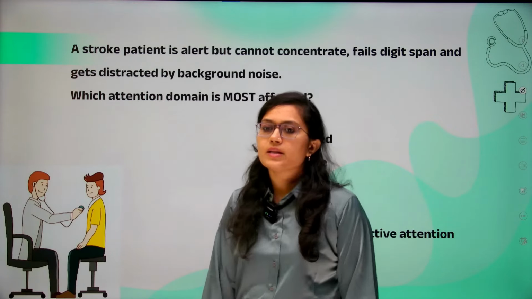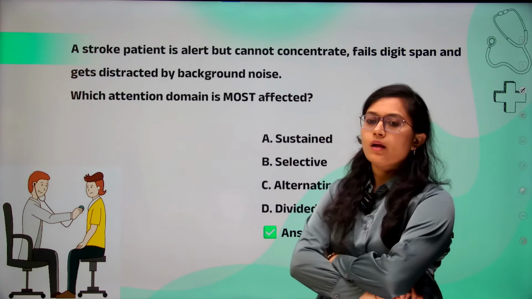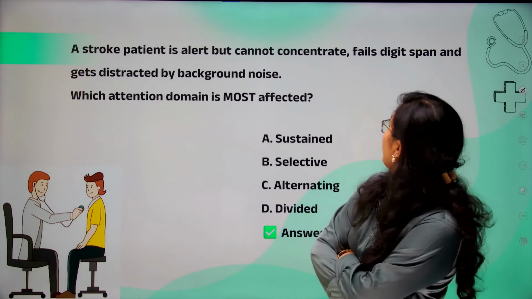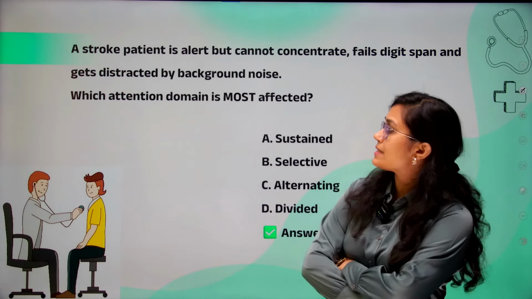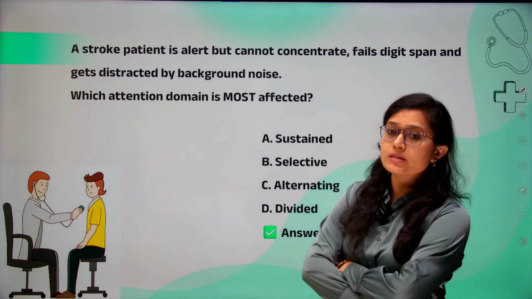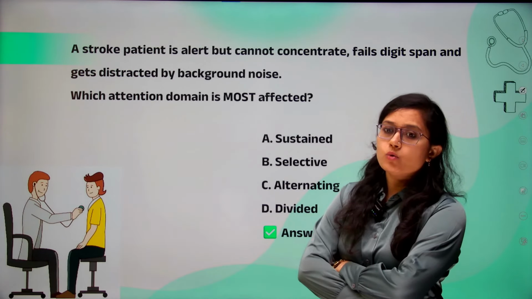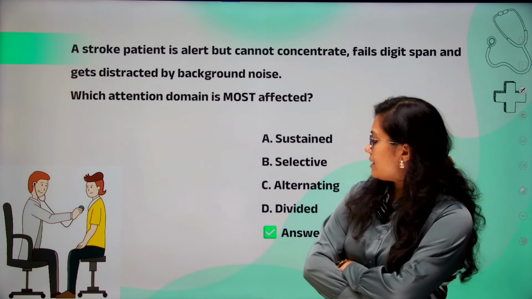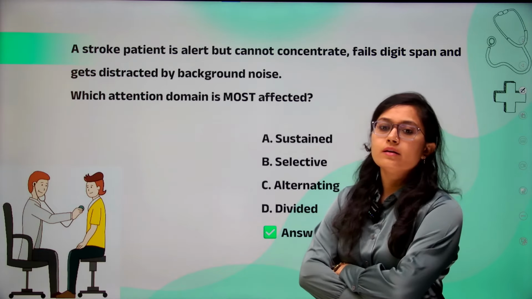Okay, now next question. A stroke patient is alert but cannot concentrate, fails digit span and gets distracted by the background noise. Which attention domain is mostly affected? Whether it is sustained, selective, alternating or divided.